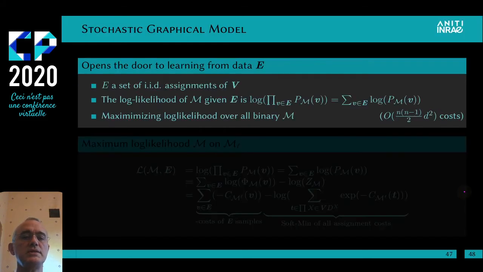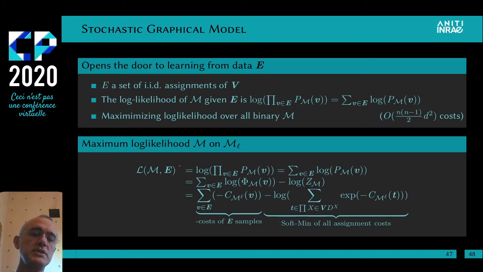And this connection is nice because you can, in some sense, directly reuse algorithms which have been developed to estimate Markov random fields using the maximum likelihood principle. And the likelihood of a set of historical solutions is just the probability that this assignment will be produced by the Markov random field. And a nice idea which has been explored in Markov random fields, which has good properties, is to try to find a Markov random field which gives this set of assignments a maximum probability.